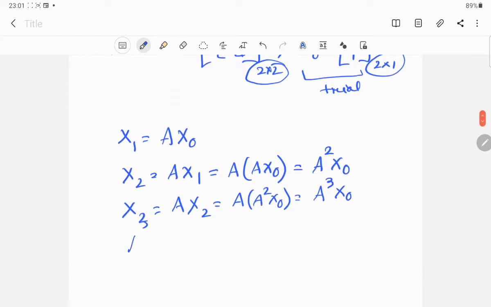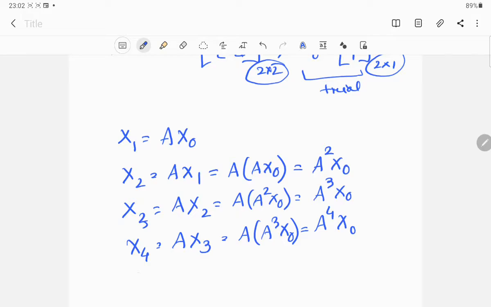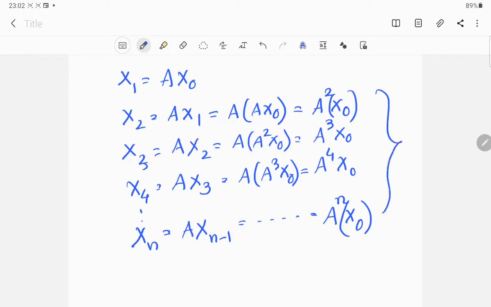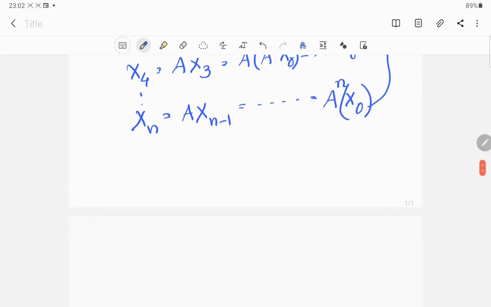Are you getting it? Similarly, x4 is A x3, so ultimately it will be A to the power 4 x naught. If you repeat it n times, xn is A x(n minus 1), and ultimately the trial will give you the ideal value. We are going to check that practically. So leave the theory behind, we are just going to apply it practically.